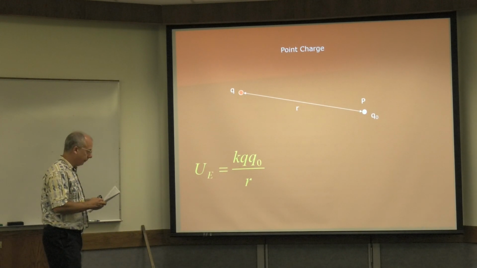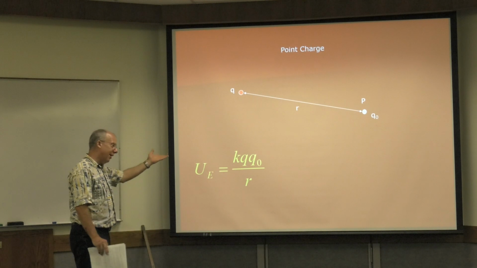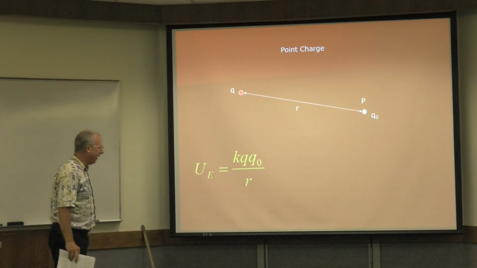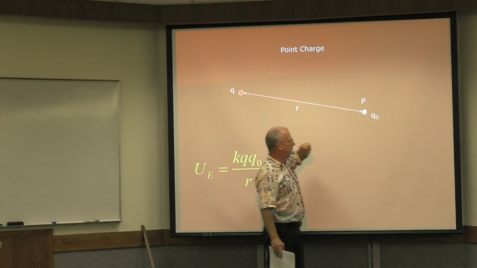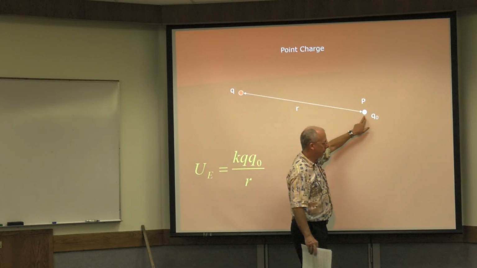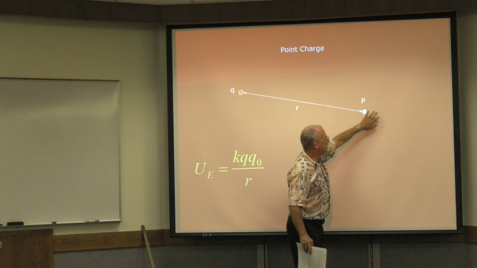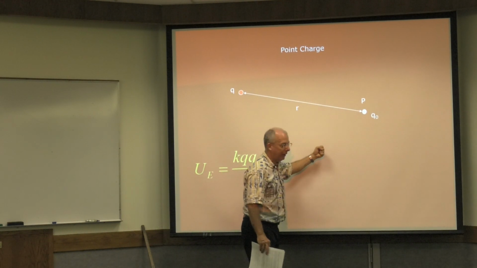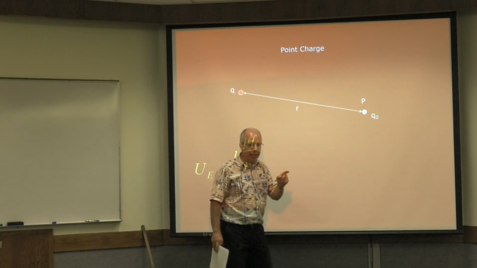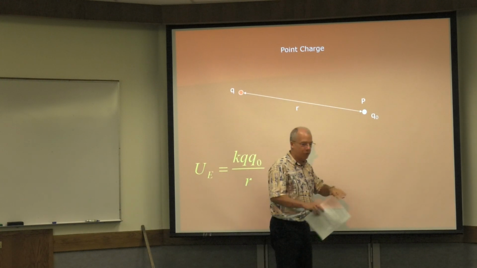Now, you just have to believe me on this one, right? So here's a point charge. If you put a probe charge here, the system will have potential energy, okay? You notice I didn't say it will feel potential energy because that's wrong.